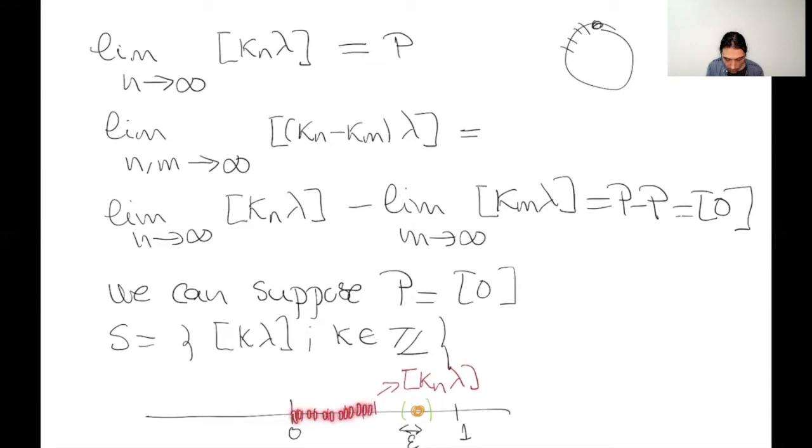And this point is going to be going to the right in jumps of length smaller than epsilon. So at some point you're going to get in here, and you're going to have a point of this form in this interval. And that happens for every point. So this set is dense, right?